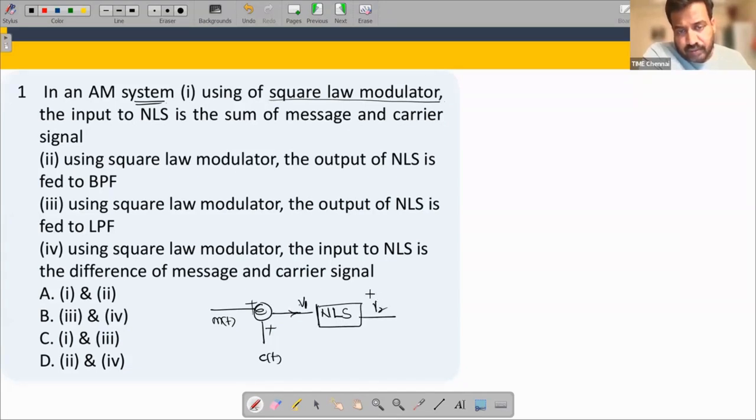It gives you V2, where V2 is A V1 plus B V1 square. It is passed through a band pass filter. This is a square law modulator.